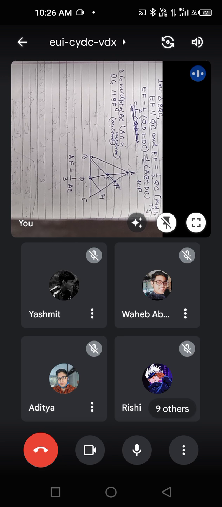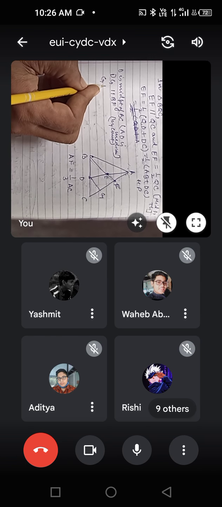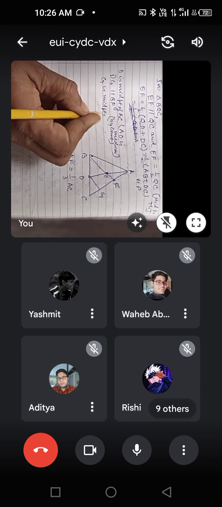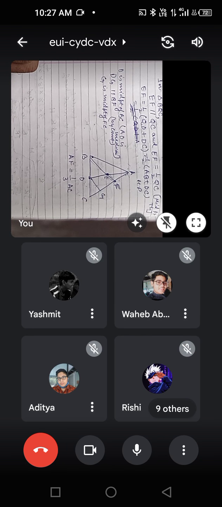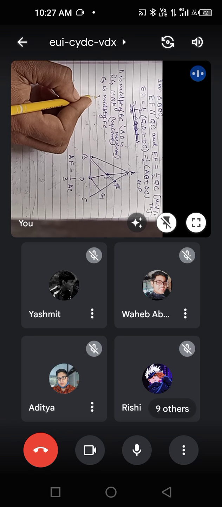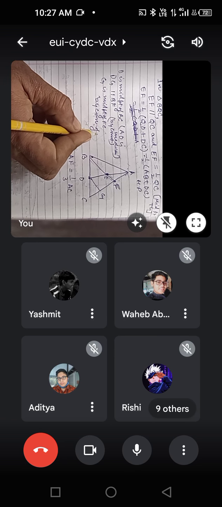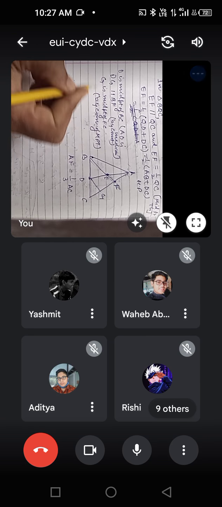And then G is the midpoint of FC. Why? Very good, by the converse of the midpoint theorem.